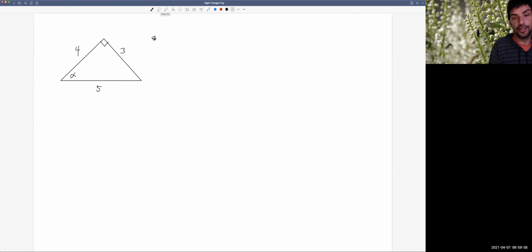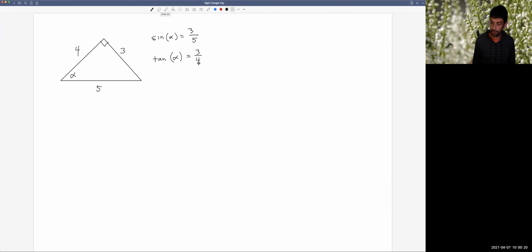Then the sine of alpha would be the opposite over the hypotenuse, right? The opposite is across, the hypotenuse is the one across from the right angle. Let's just do one more of these. The tangent of alpha will be the opposite over the adjacent, right? So nothing too spectacular there. We can see that we're just using the side lengths to compute these trig functions.